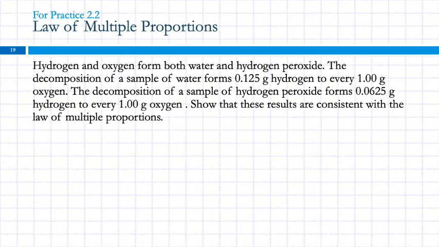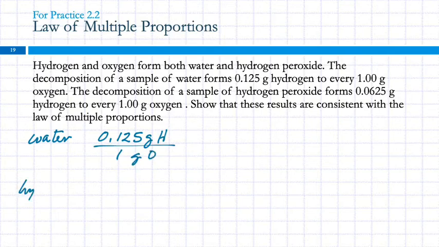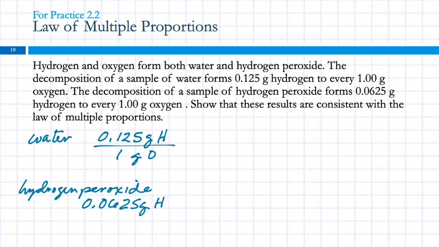So we're given the ratio for these 2 compounds. For water, the ratio is 0.125 grams hydrogen to 1 gram of oxygen. For hydrogen peroxide, the ratio is 0.0625 grams of hydrogen for every 1 gram of oxygen.